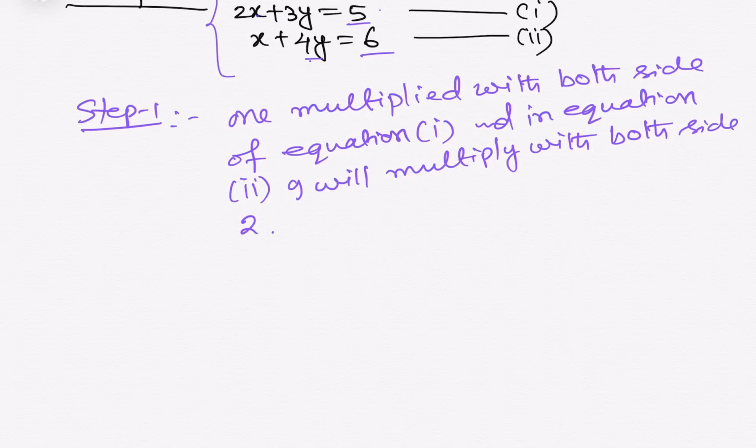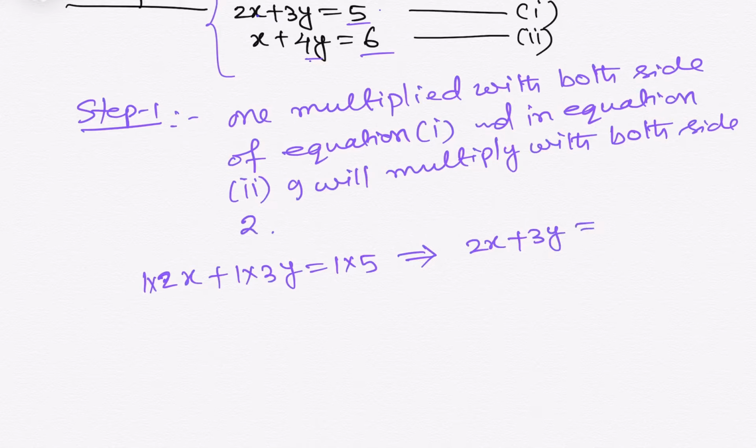In equation 1 we get 1 into 2 into x plus 1 into 3 into y equals 1 into 5. Simplifying, 2x plus 3y equals 5. This equation is named equation 3.